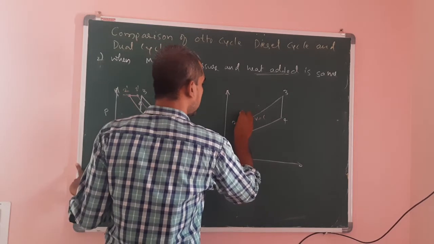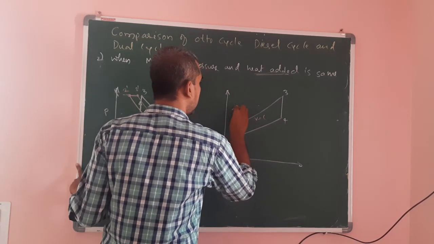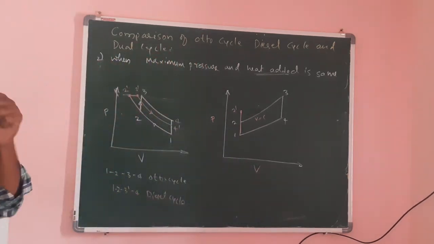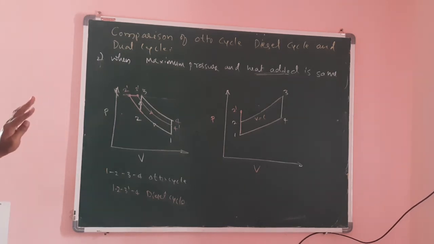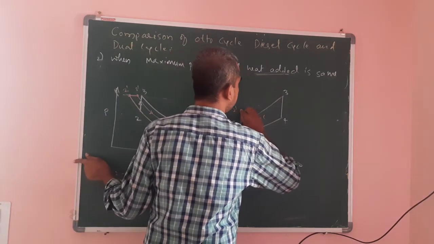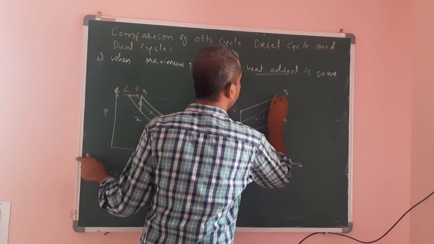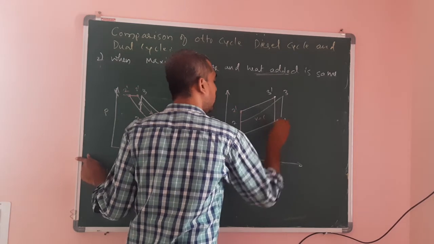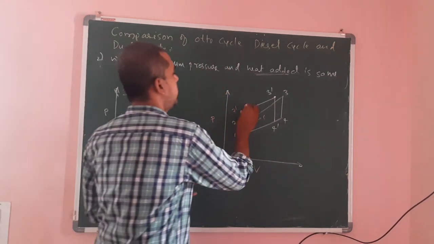Therefore, compression 1 to 2 dash will be like this. 2 dash will be here, above that of the 2 on the PV diagram. Then if I draw P equal to C, it will be less steep compared to this one. It will be here, 3 dash. Now it will be 4 dash. 1, 2, 3, 4 dash represents P equal to C.